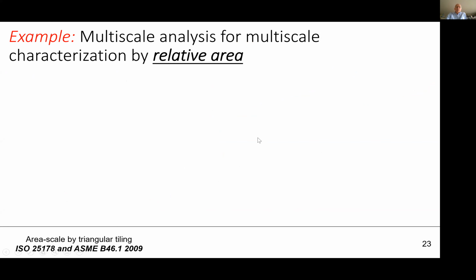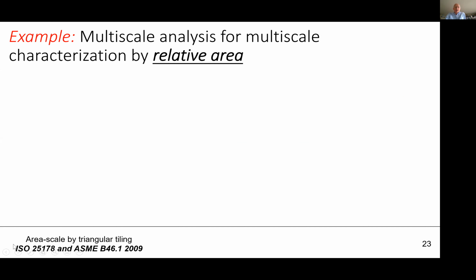So after doing length scale, which I started doing in Switzerland, and also began a crude area scale in Switzerland, I came to WPI in 1989 and found that we had lots of very good programmers as undergraduates, and we started working on area scale, and it's now in international and national standards.